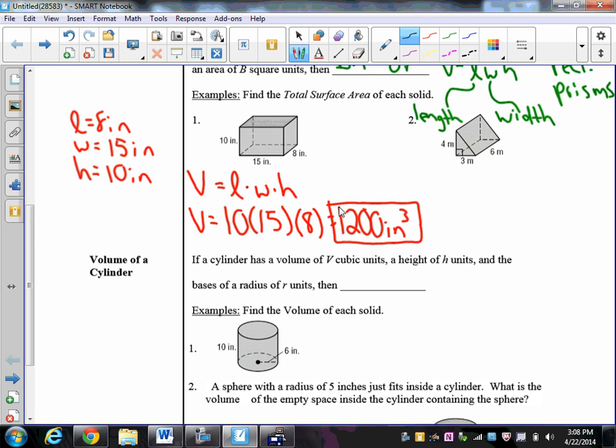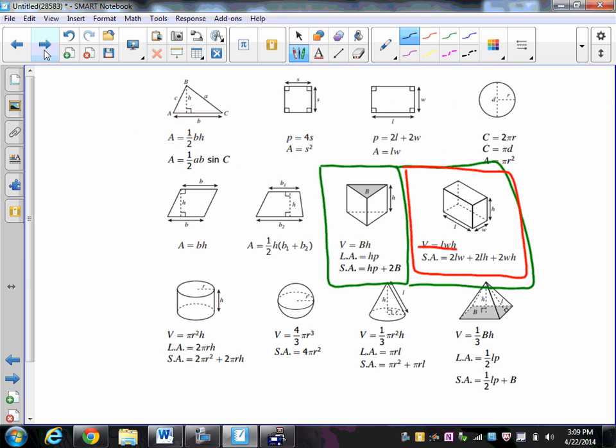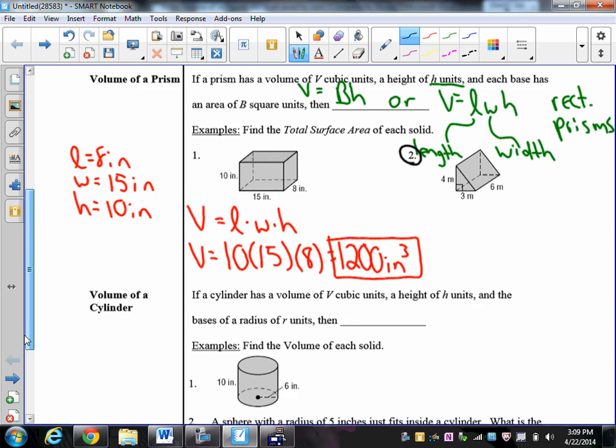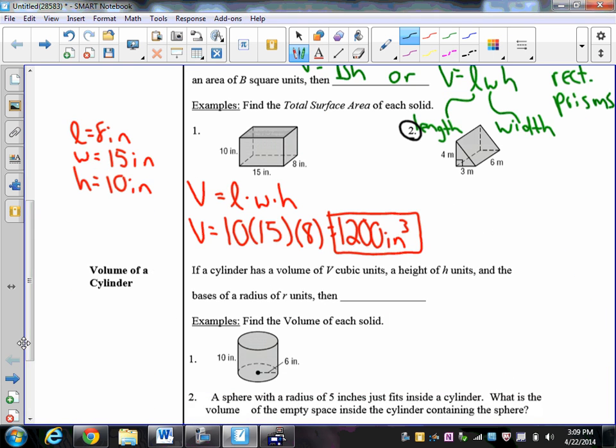In order to solve for number 2, moving on to that, we need to use our other formula for volume, which is base times height. So the area of the base times the height. So we have volume is equal to BH. First, we need to find out the area of the base.